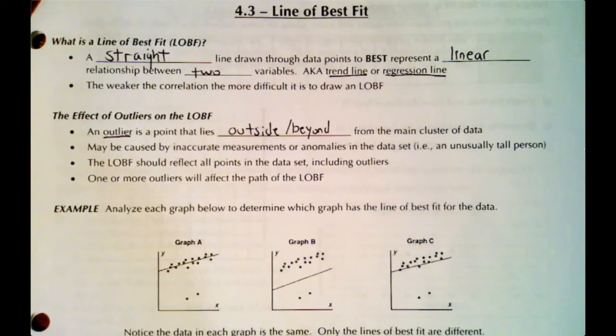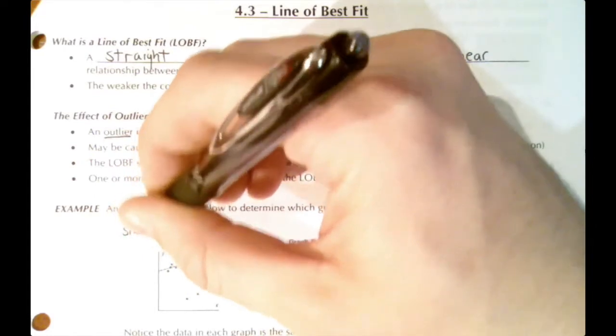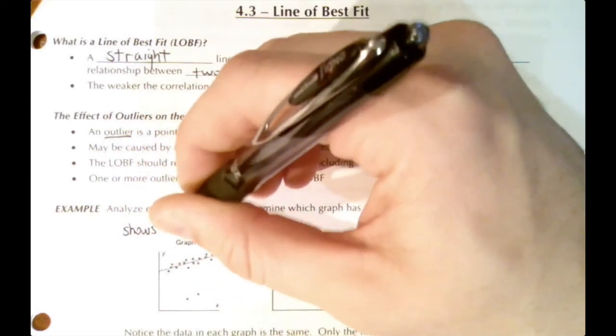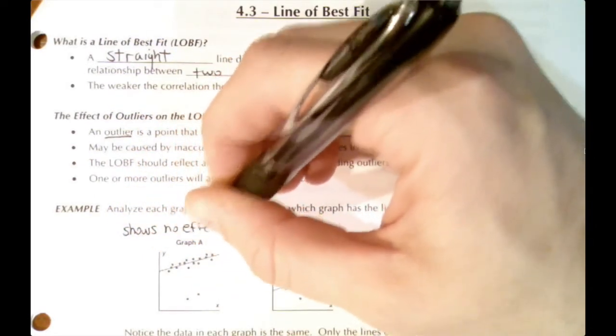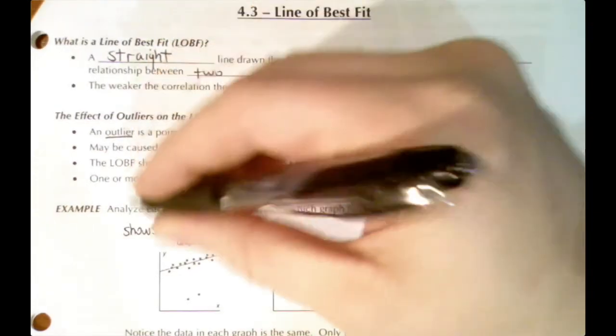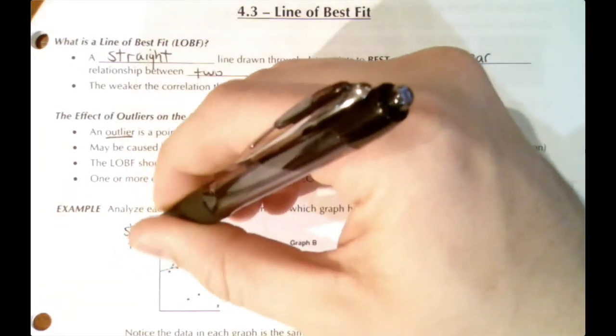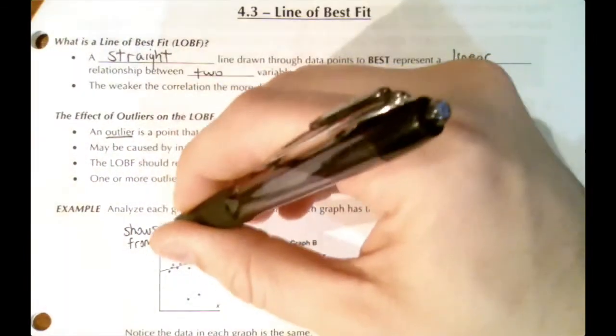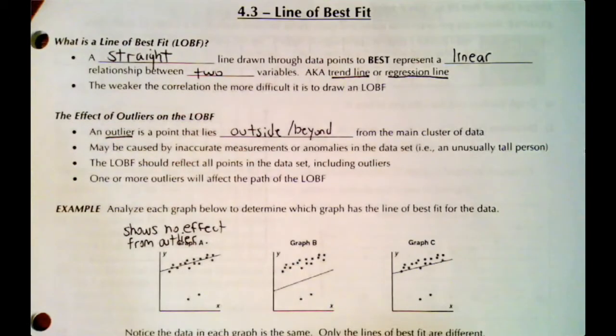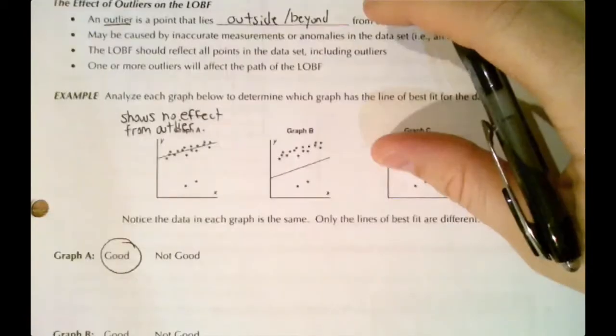If you look at the effect, this shows no effect from the outlier. Graph A is good. Oh, I should circle good there.